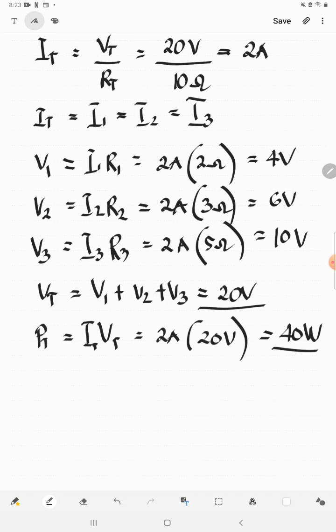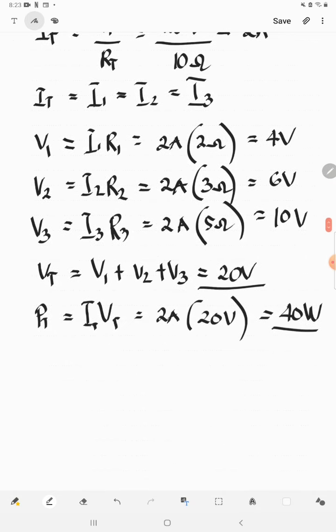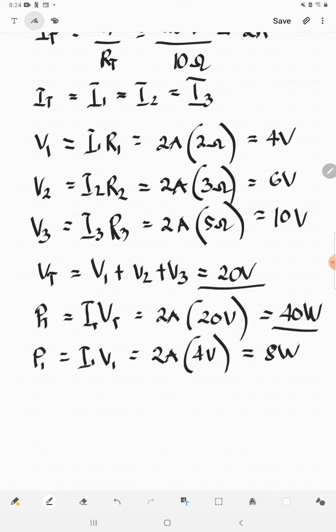Okay, so the total power dissipated is equal to 40 watts, but the power across your R1, which is P1, is simply equal to I1 times your V1. And I1 is 2 amperes, V1 is 4 volts, therefore 2 times 4 is 8 watts.